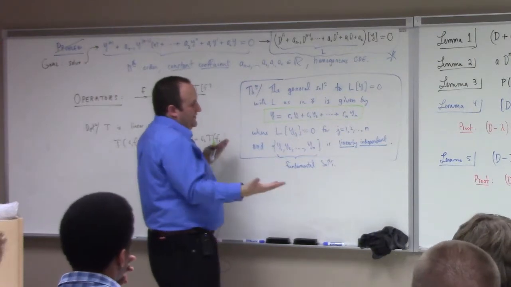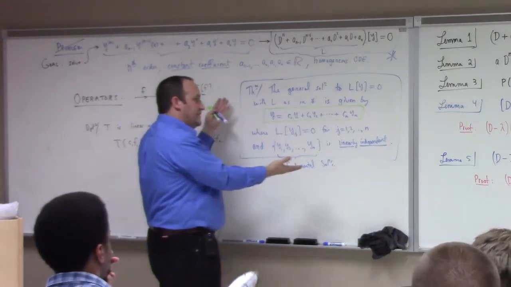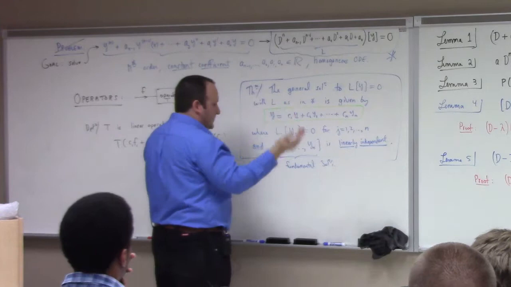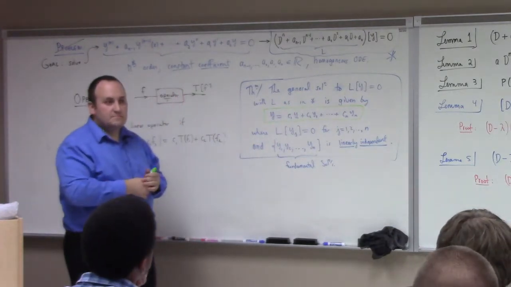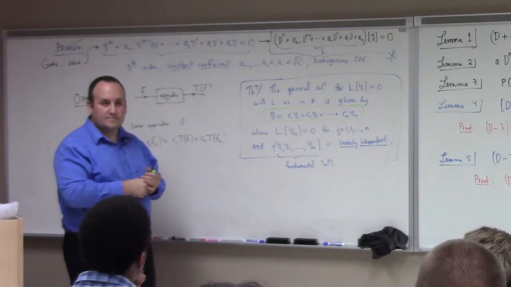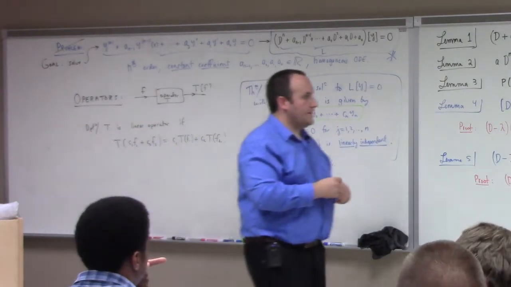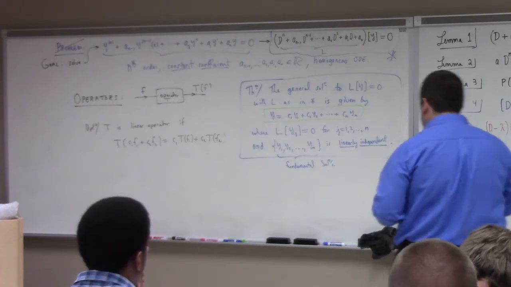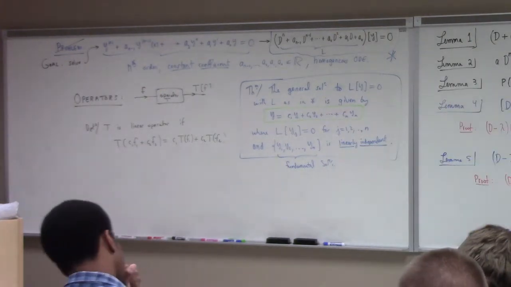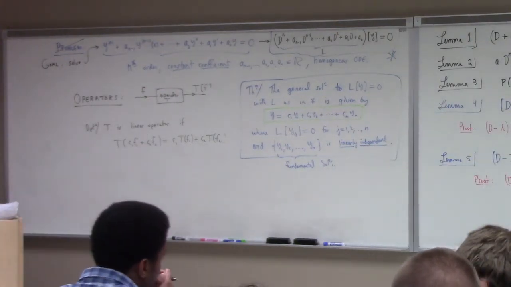So basically, this is the recipe. All we need to do then is to find these fundamental solutions, right? How do we do it? Let me show you. So here we go. Example.